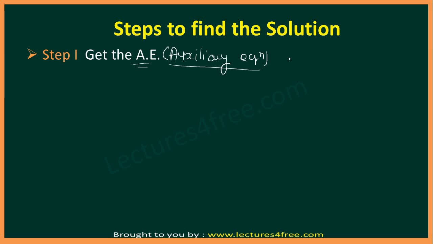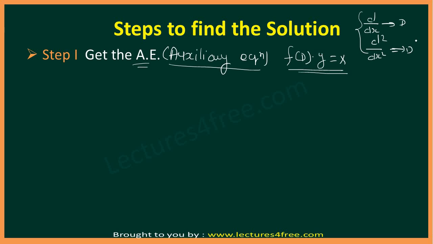If any differential equation is given, then we can convert it to f(D) y = X. How can we convert? By replacing d/dx with capital D, d squared/dx squared with capital D squared, and so on.